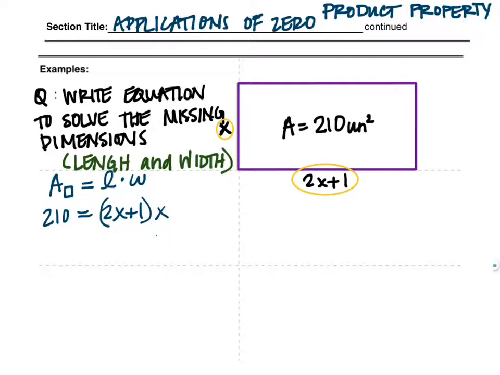So when I do that, I'm going to go ahead and sort of go along the process of simplifying. So in order to simplify, I'm going to distribute the x, and I get that 210 is equal to 2x squared plus x. Now this is where the zero product property comes in, and in order for me to use that zero product property as I was asked to in the method, I need to make this equal to 0.